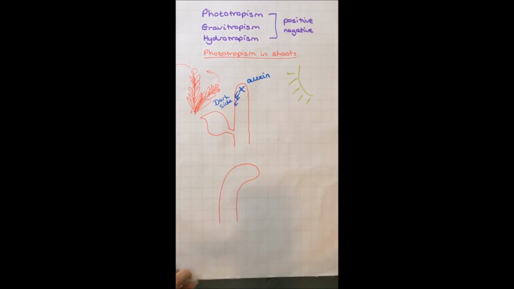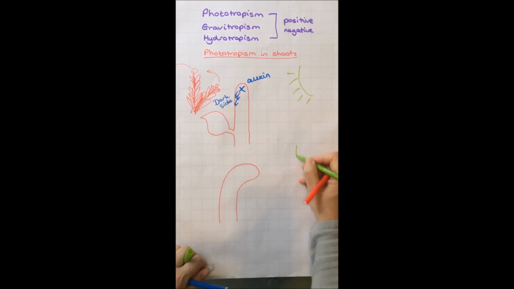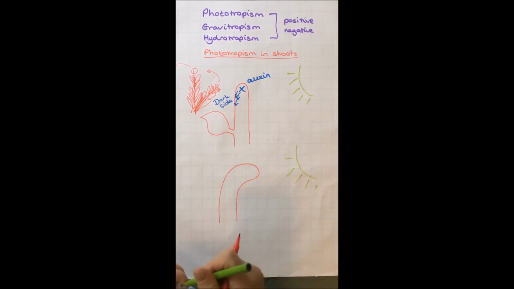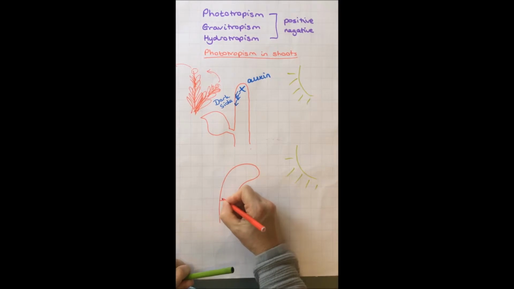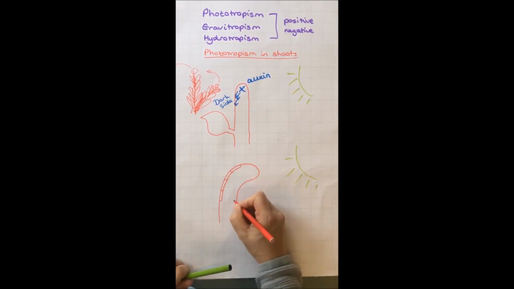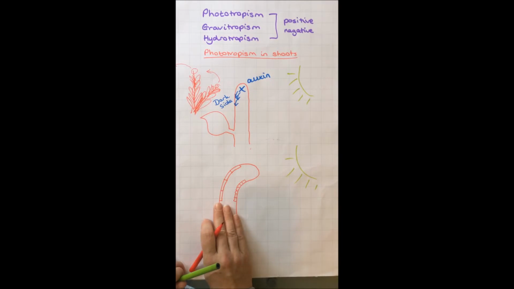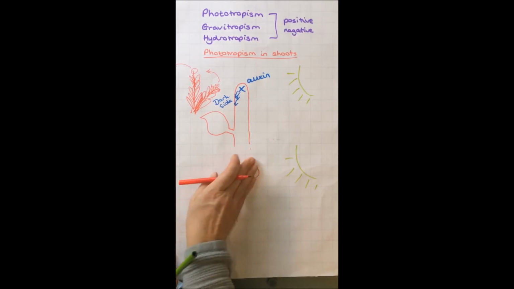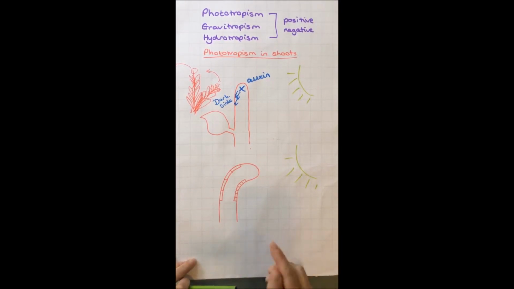So here's our shoot. It starts to bend over towards the light. So the cells on this side have lengthened. The cells on this side haven't received any auxin, and they're still quite short. And because these have lengthened, it's pushed our shoot over towards the light.